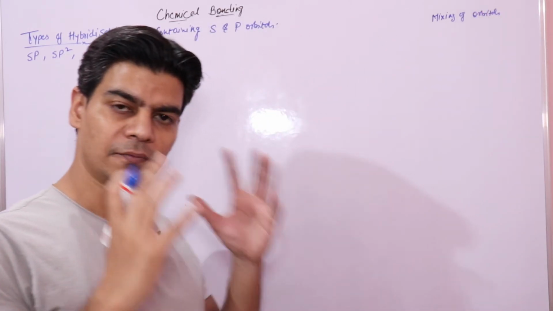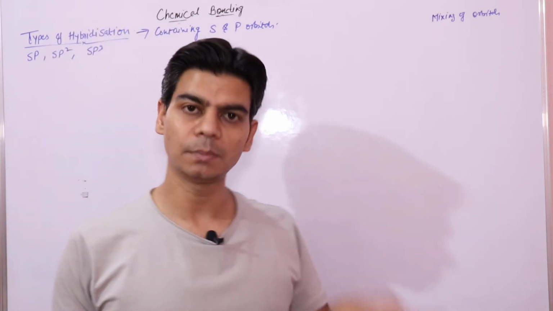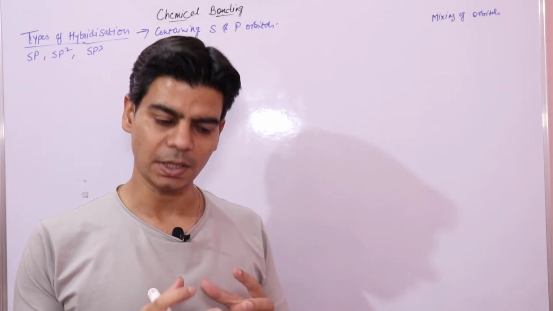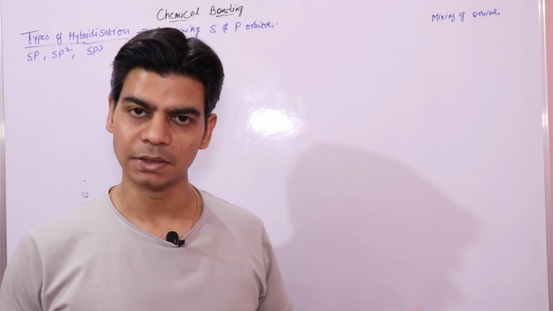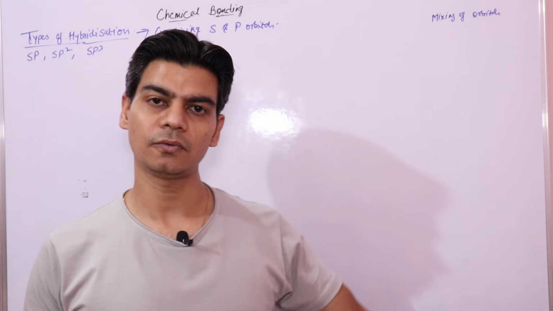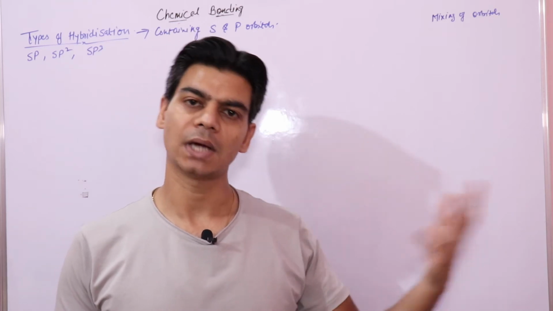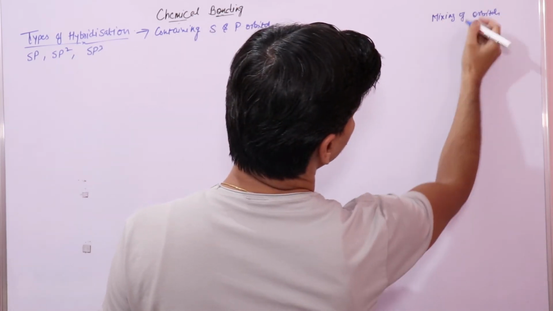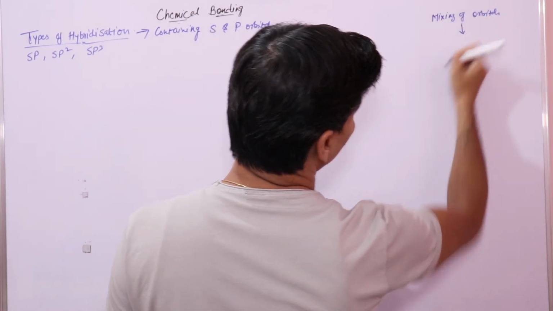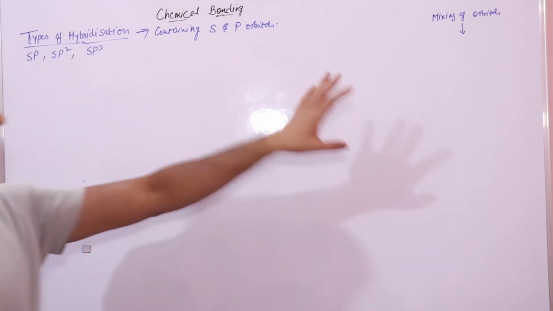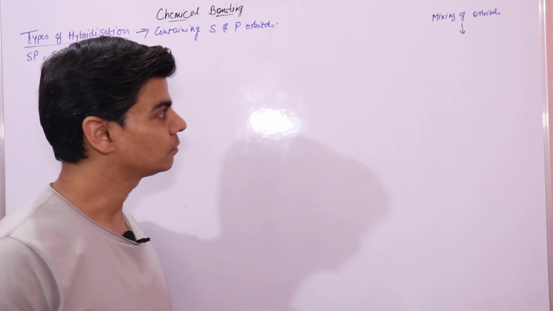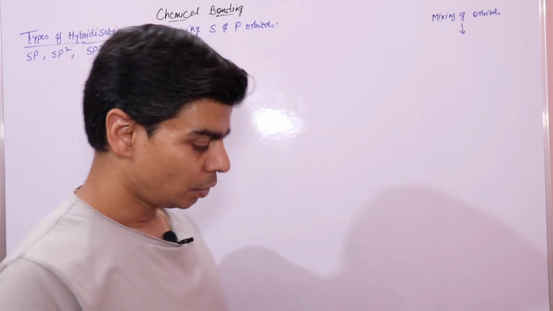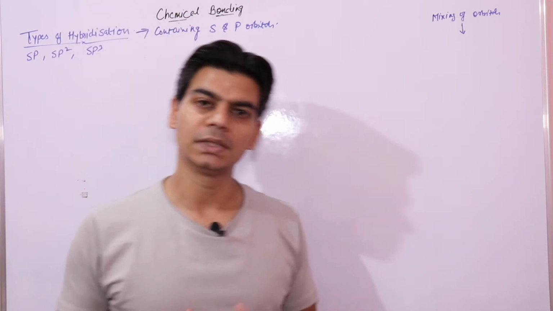When different orbitals of the outermost shell, of the valence shell, mix and merge, and they redistribute their energy, to form a new set of orbitals which we call hybrid orbitals. This is your definition of hybridization.